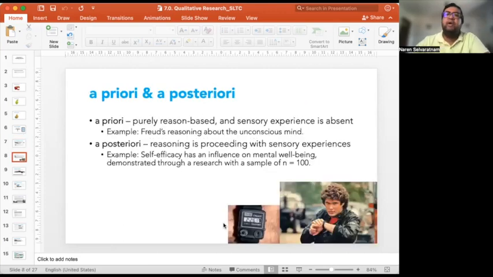So before we go ahead and discuss that, let's try to understand 2 more concepts, a priori and a posteriori. A priori means purely reason-based things, and sensory experience is absent. For example, certain things can exist.